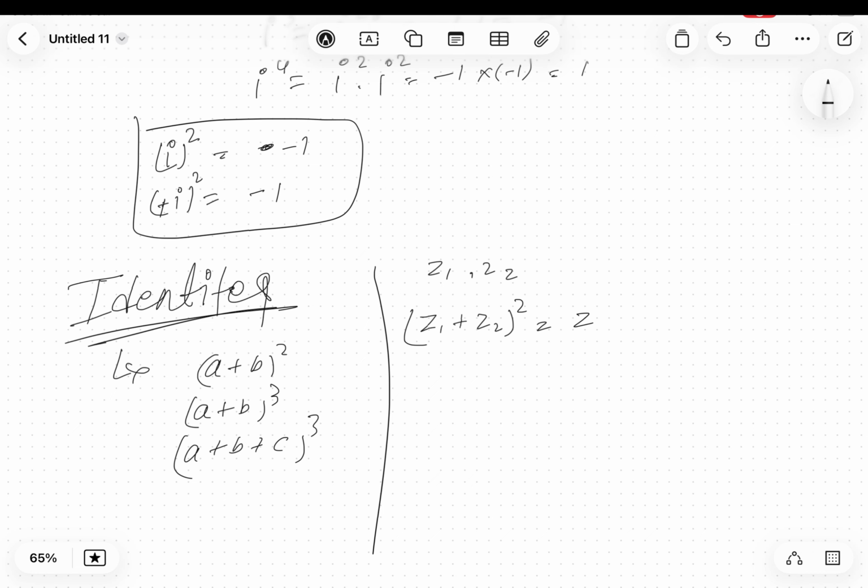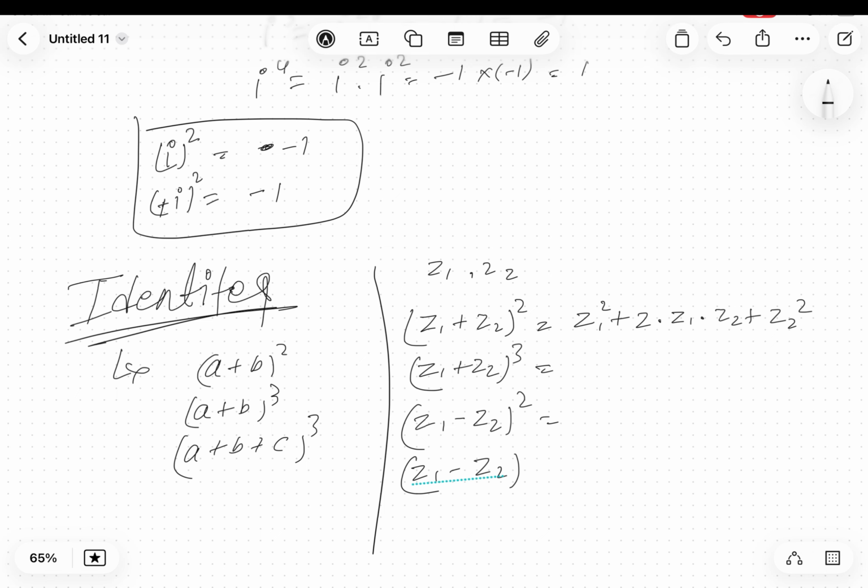So it will be z1 square plus 2 into z1 into z2 plus z2 square. Same like that, (z1 plus z2) whole cube, and then we have to do it for the negative also, (z1 minus z2) whole square, (z1 minus z2) whole cube.